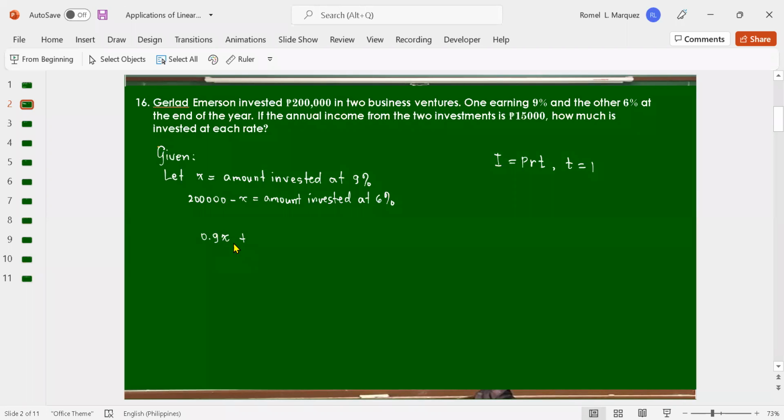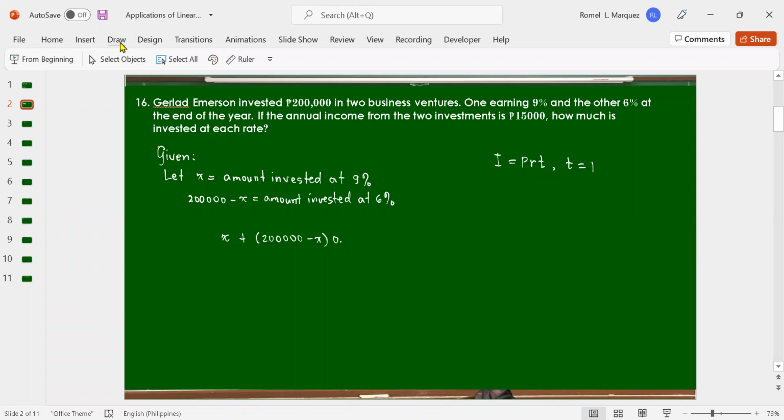So it's 0.09X, no? Plus the interest that will be coming from the second principal, 200,000 minus X, times the rate 0.06, no? Am I correct, guys? How do you write 6%? I think mali itong aking isa.